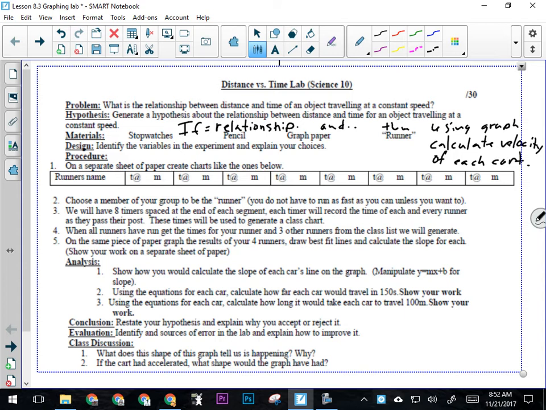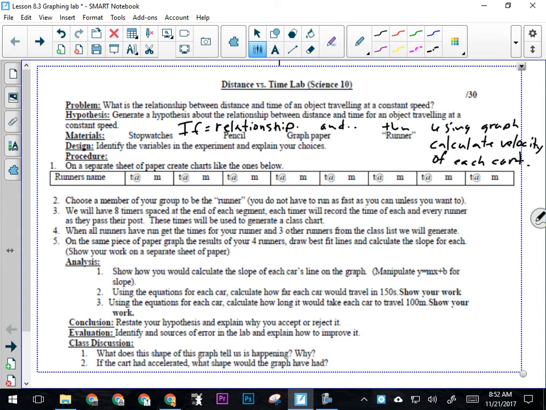Using the graph, not using a formula like V equals D over T. There's something from a position versus time graph that tells us velocity. We talked about it last week, one of the days I was here, and I went over that. I'm not giving that one away. That one you guys have to figure out for yourselves.